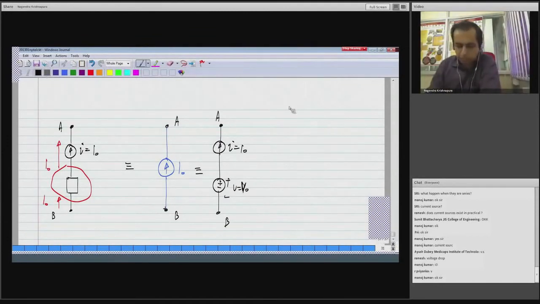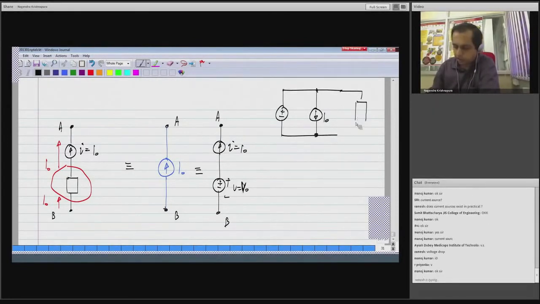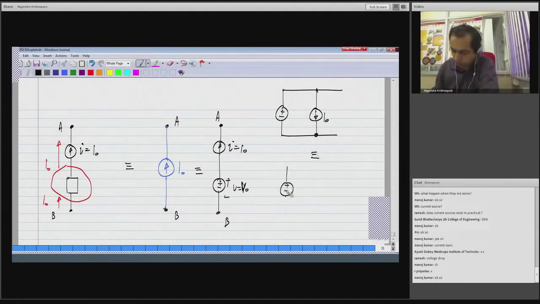Now there will be some difference between these pictures. That is when I say voltage source and current source in parallel, and let's say this is just not connected to anything else. Now we know that this is equivalent to a single voltage source.